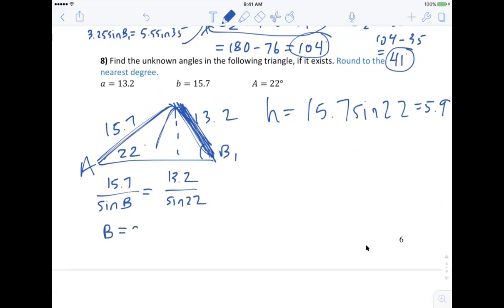Do that all at once. So B is going to be sine inverse of 15.7 sine 22 all over 13.2. Okay. Let's see what that is. That's about 26 degrees.